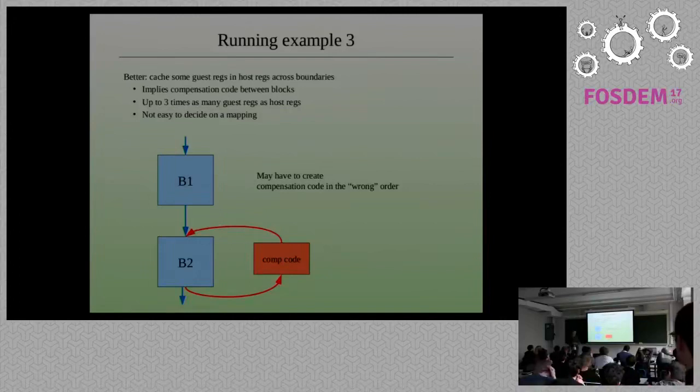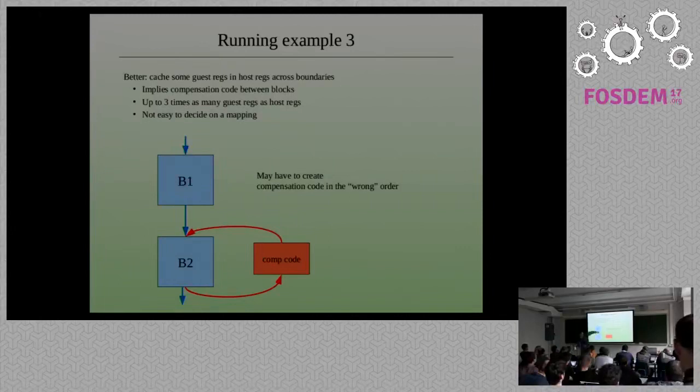Unfortunately, even that's not simple, because you wind up in the following situation. If this is a loop and we translate this first and then we translate that, then there's no rearrangement of registers across this edge because we just inherited the mapping from this block. But when we jump back on the loop back edge to start the block again, then we have to rearrange to match the mapping here, which is going to be different from there.